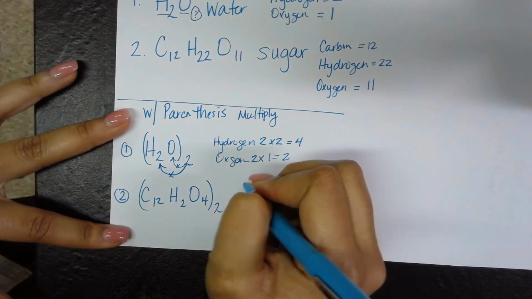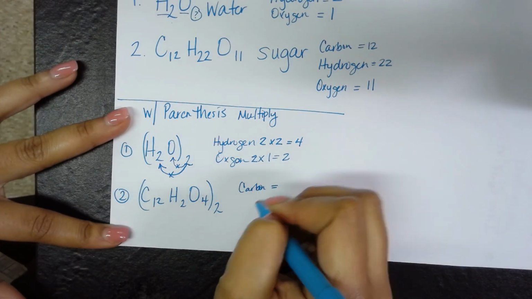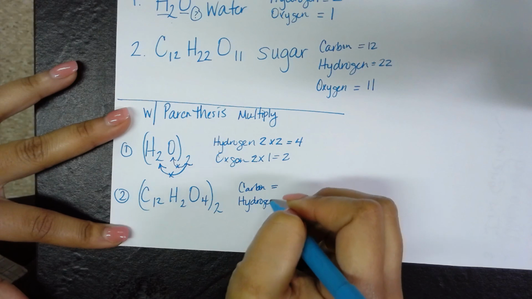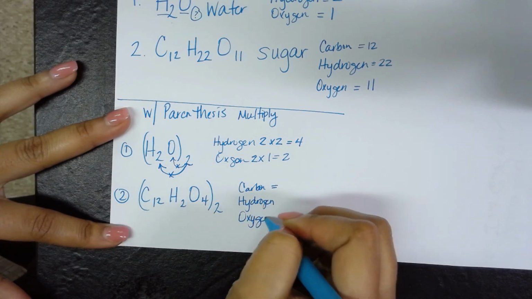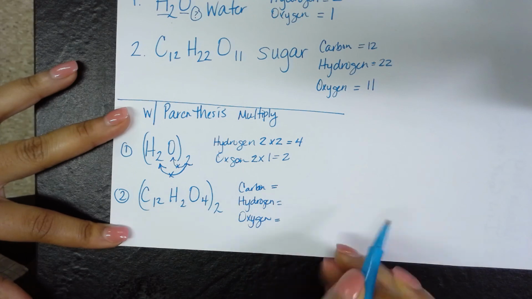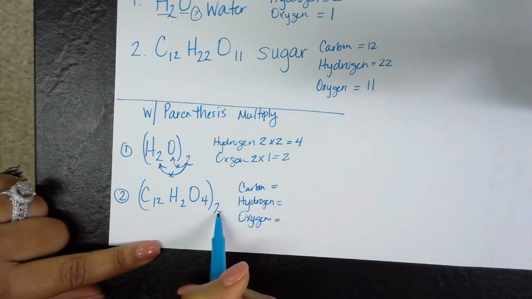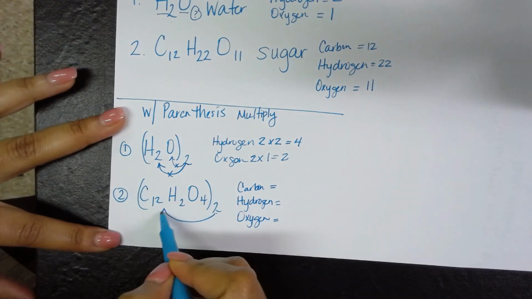So I have carbon, I have hydrogen, and I have oxygen. Okay, so here I know I have to multiply what's on the outside of the parentheses by what's on the inside.